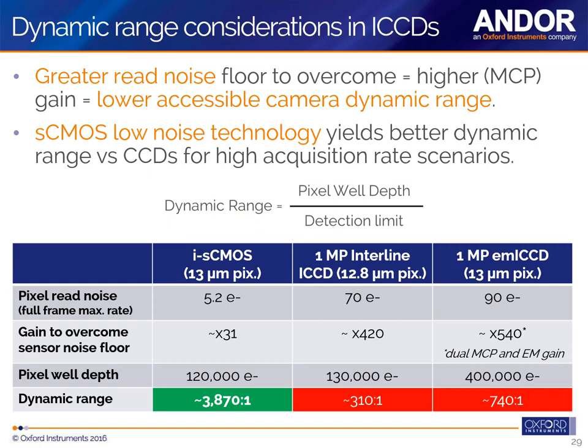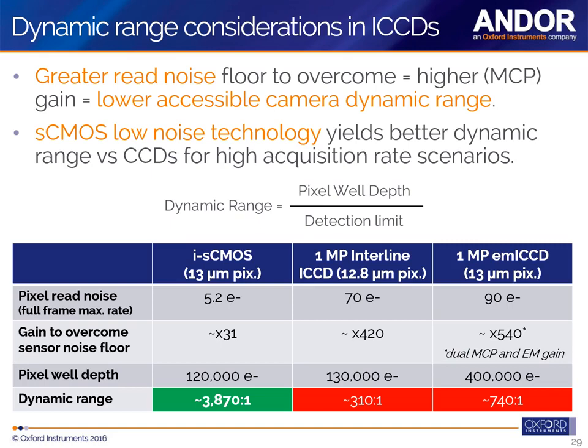So for example, if your readout noise is 5 electrons, like the case for the CMOS based camera, you need to apply about 31 times gain to overcome this noise floor and give good signal to noise ratio. For the interline camera or the EMCCD based cameras, you can see that there are again an order of magnitude higher MCP gains required to overcome the noise floor.